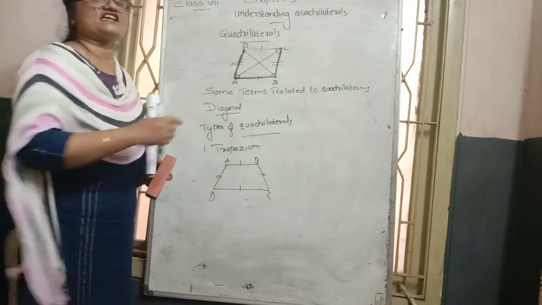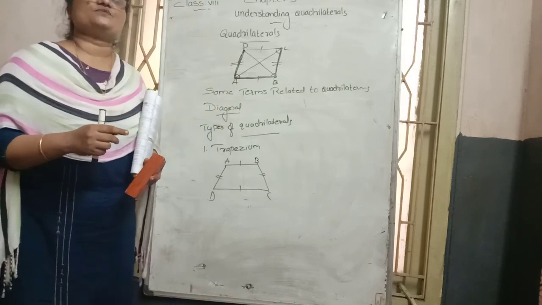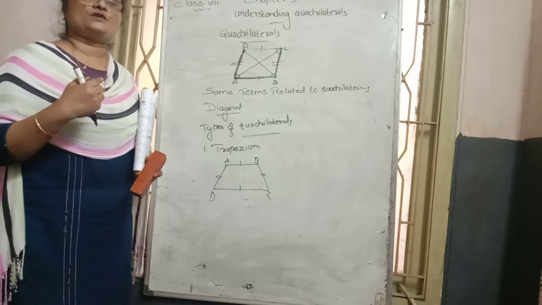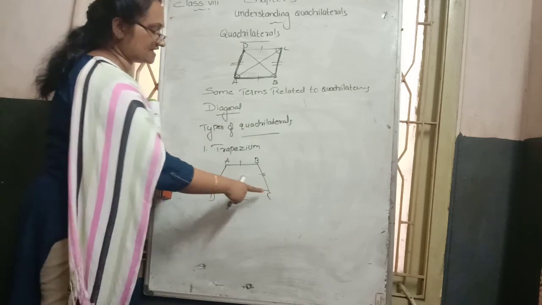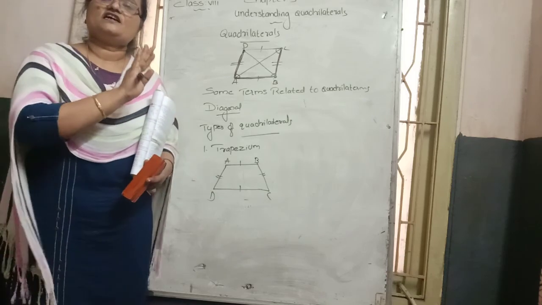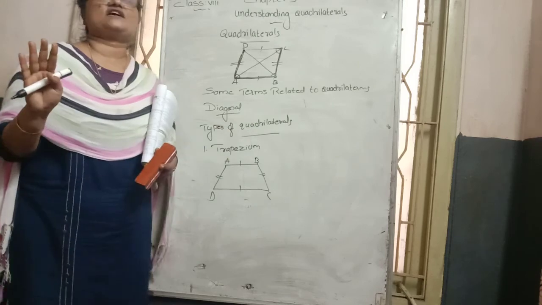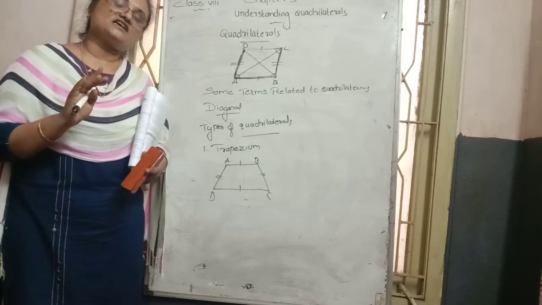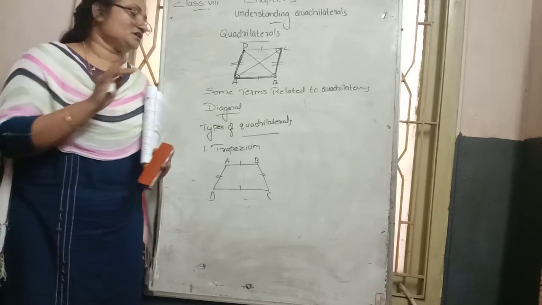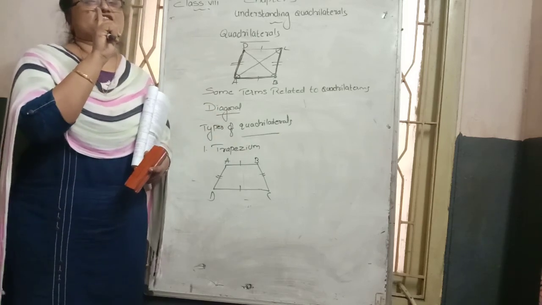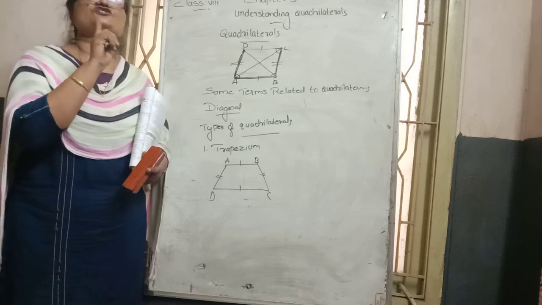If they are extended some distance, the AD and BC lines intersect. That's why they are called non-parallel sides. But if we extend the AB line and DC line to both sides, they never intersect. So a trapezium has one pair of parallel opposite sides. Such a diagram we call a trapezium.